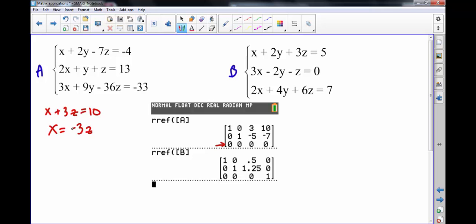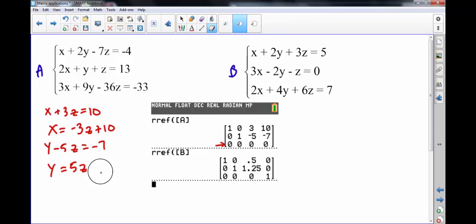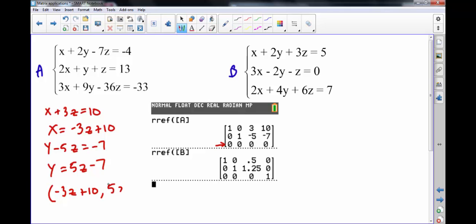So X is negative 3Z plus 10. And then we'd have Y minus 5Z equals negative 7. So then Y equals 5Z minus 7. So we've got our answer. In terms of Z, it's negative 3Z plus 10, 5Z minus 7, and then finally just Z.